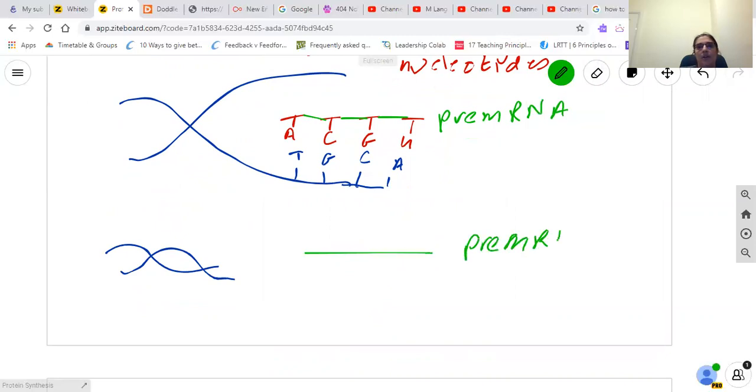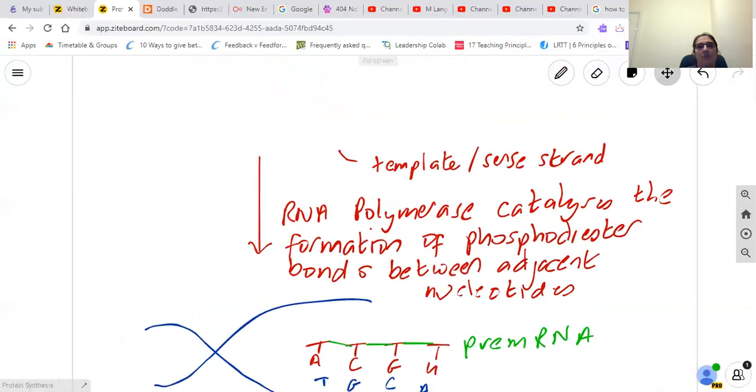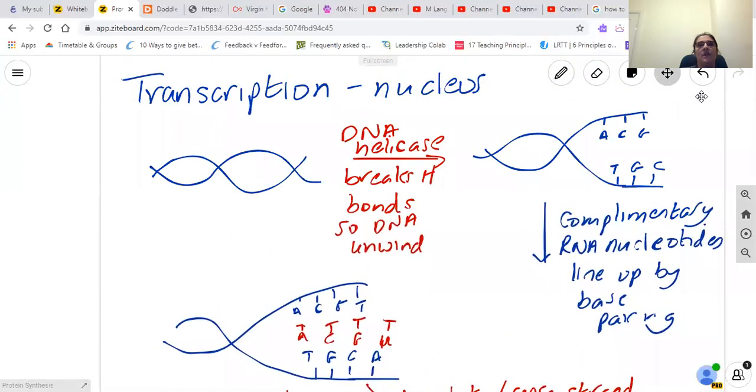pre-mRNA. You are sometimes asked to compare transcription with DNA replication. So there are certain similarities. For example, both transcription and DNA replication use DNA helicase. Both of them have complementary nucleotides line up by base pairing.